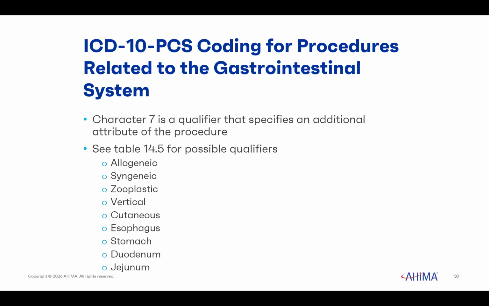Now we're on to the seventh character. This is a qualifier, like we've seen before, that specifies an additional attribute of the procedure. This could be whether something is allogeneic, xenogenic, zooplastic, and so on. So it's important to pay attention to the seventh character, and you'll see those summarized on the slide and in table 14.5 as well.